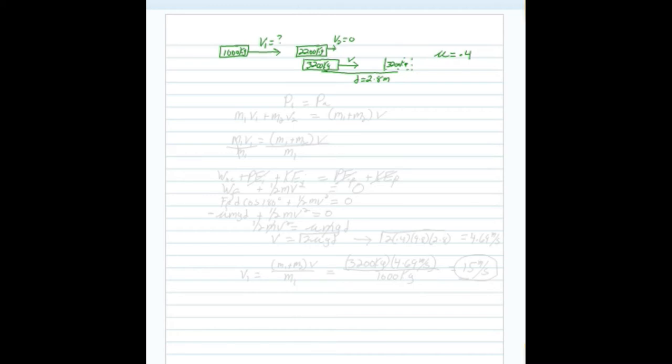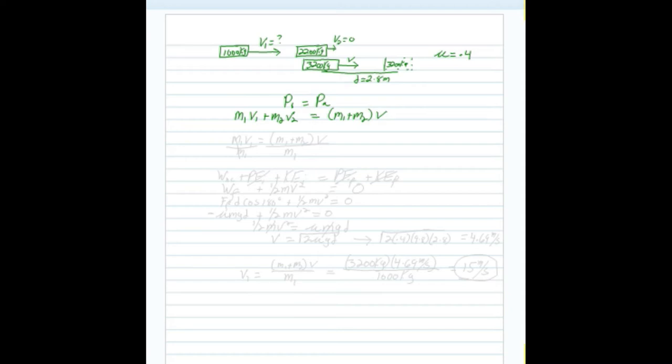Okay, so I'm going to start out by using my momentum equation. It's P before equals P after. Before the collision, I have two separate objects, so to find the total momentum, I add the momentum of each object separately. Afterward, I have one object, basically, moving at one speed. So there's the equation that I would use.